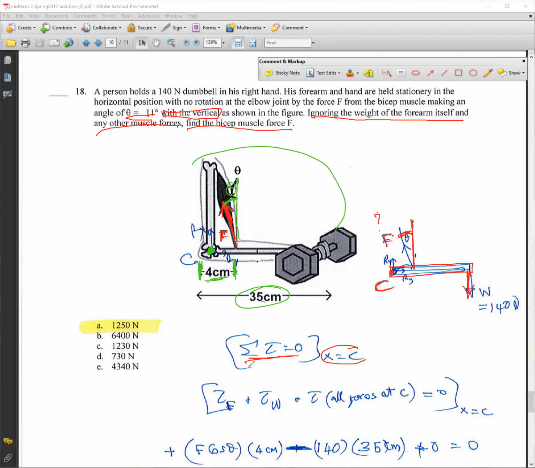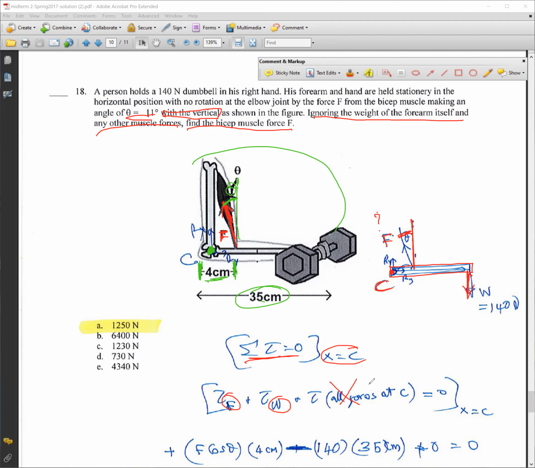Now here, the torques involved will be torque due to force plus torque due to weight, plus torque due to any other forces acting on the elbow. But these ones will be 0, because they'll be acting directly on the fulcrum.